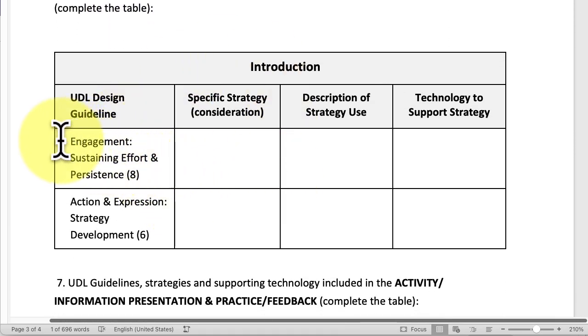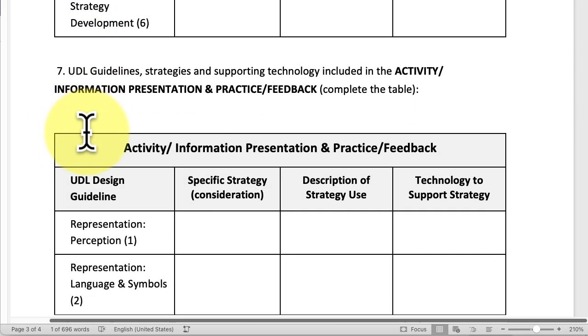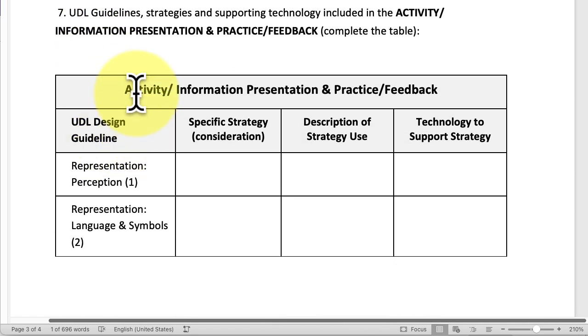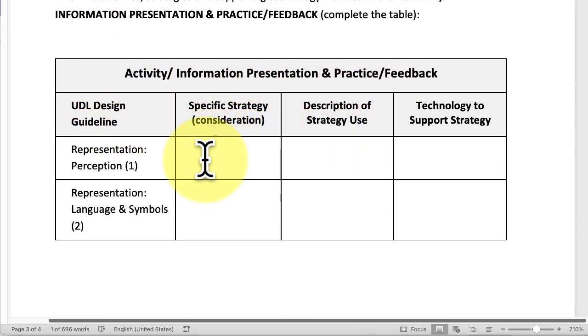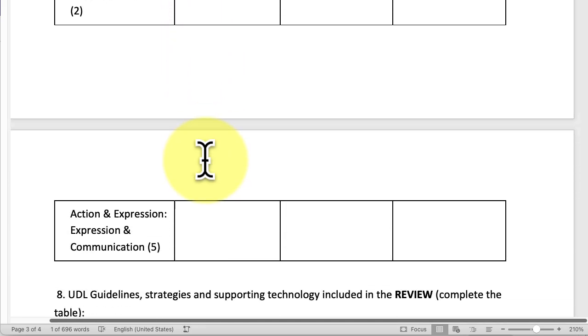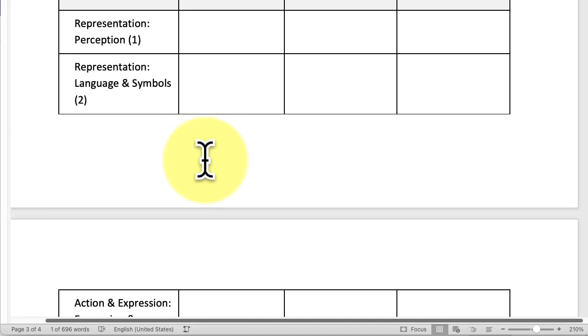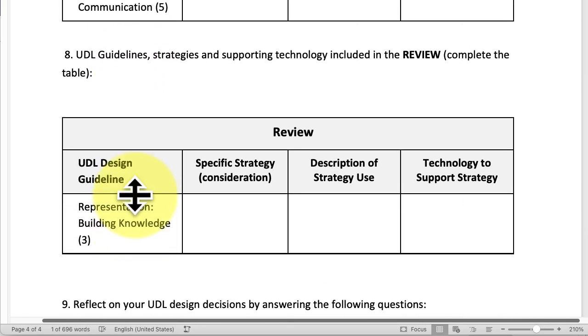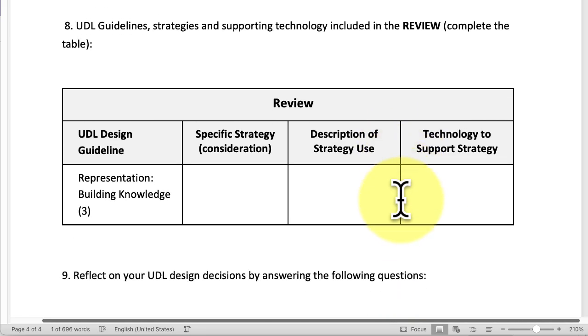There are 2 guidelines that I want you to address for the introduction. And then you've got 2 that need to be addressed for the activity information presentation part of your lesson. I'm sorry, there's 3 actually. 1, 2, 3. There's the third one. And then finally there's 1 that you have to do for the review part of your lesson or learning experience.